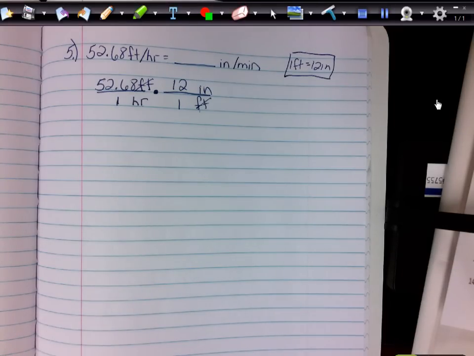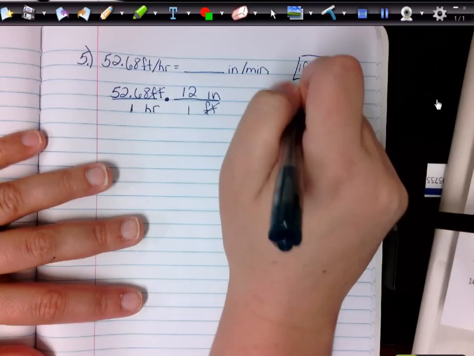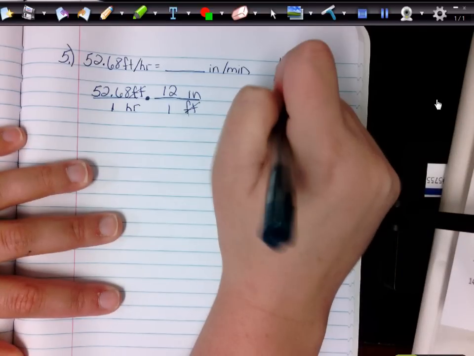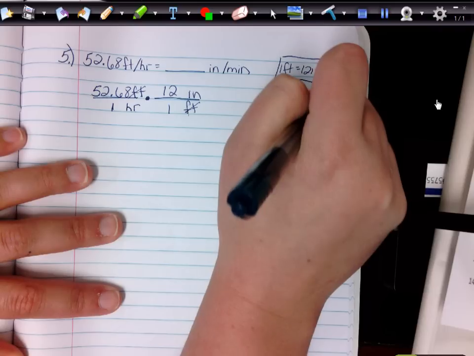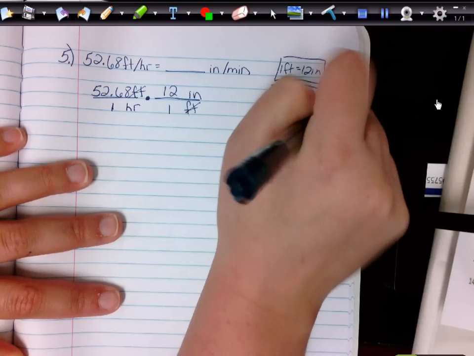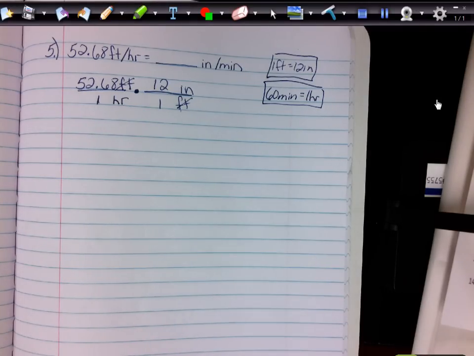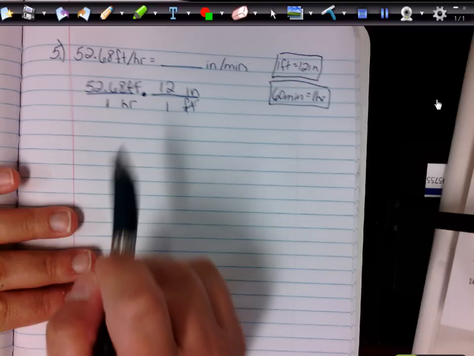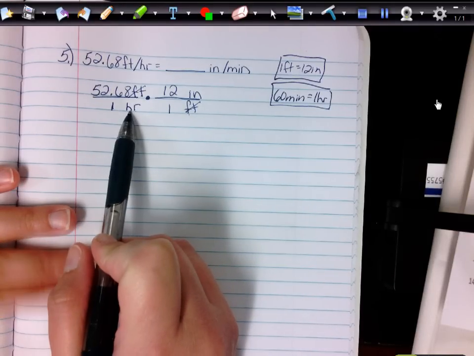So here I have my hour on the bottom, and I want to change that hours to minutes. And you're supposed to kind of know the conversions here. How many minutes are in an hour? There are 60 minutes in 1 hour. So that's going to be the other conversion that I'm going to use here. Now here it's a little bit different. Our hours are on the bottom, and I want the hours to cancel so that we can be left with minutes.